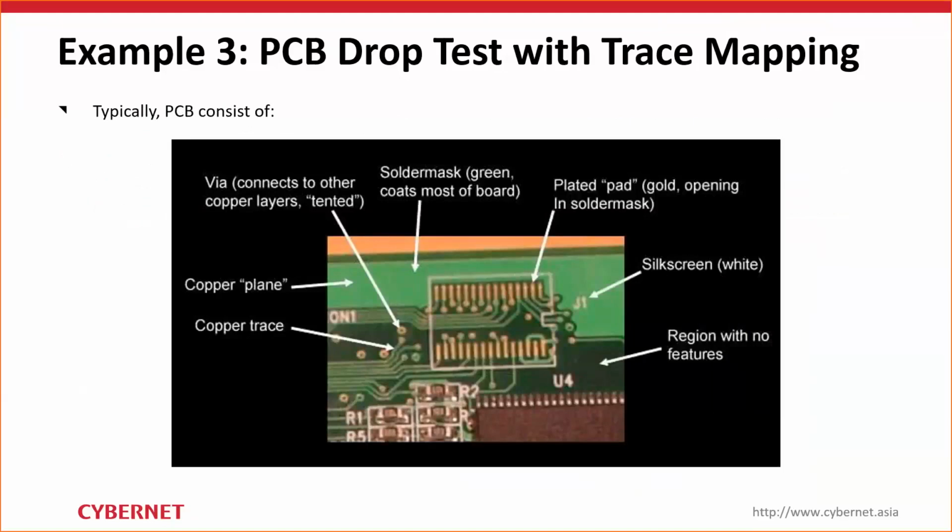So generally, PCB or printed circuit board comprises a flat sheet of insulating material and a layer of copper foil laminated to a substrate. Okay.